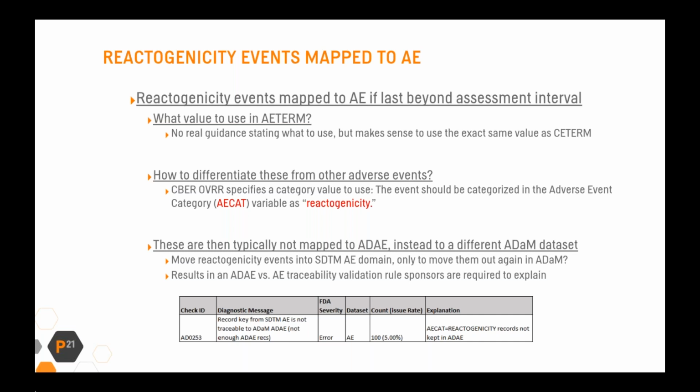And then how would you differentiate these from your other adverse events in your adverse events domain? CBER OVRR guidance does provide a category that you should use. You should use the word reactogenicity.